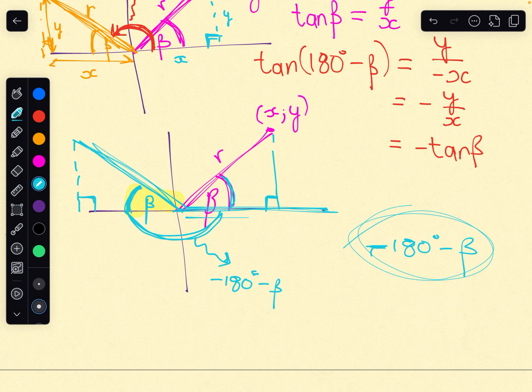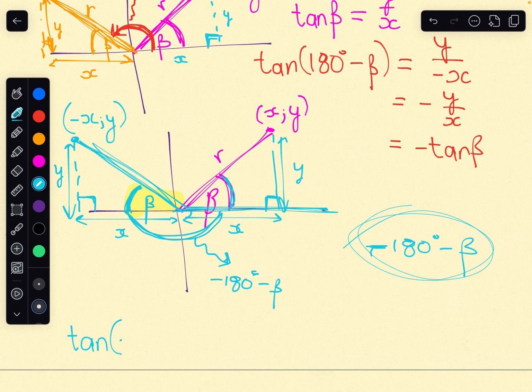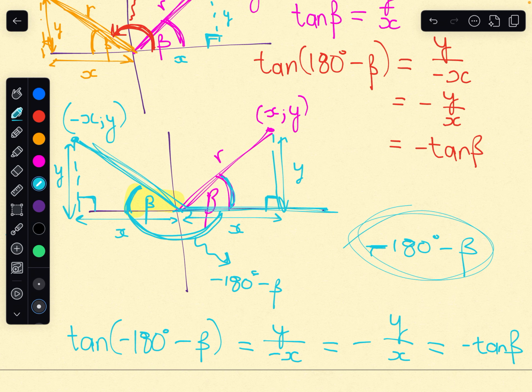Therefore, the same way that this length is x, this length is also x, this length is y, this length is also y, and so the coordinates over here are minus x and y. And so therefore tan of negative 180 minus beta would be equal to y over negative x, which is just the same as negative y over x, which is indeed the same as negative tan beta.